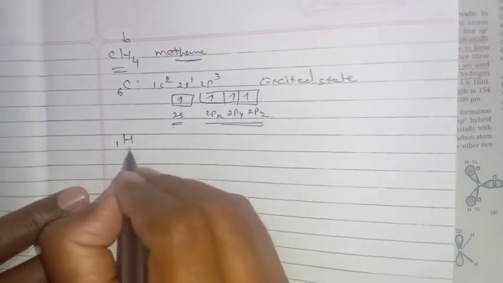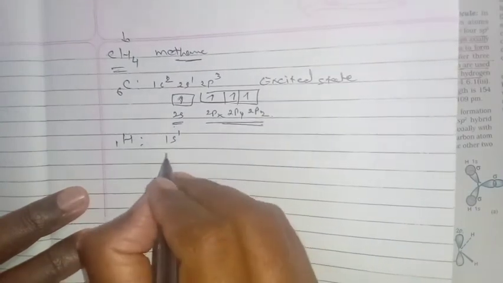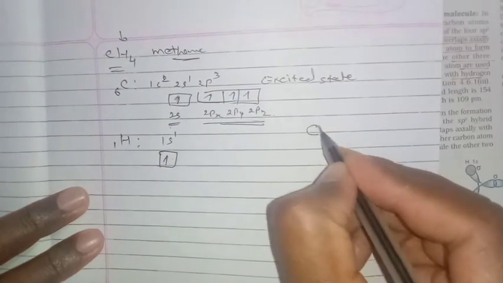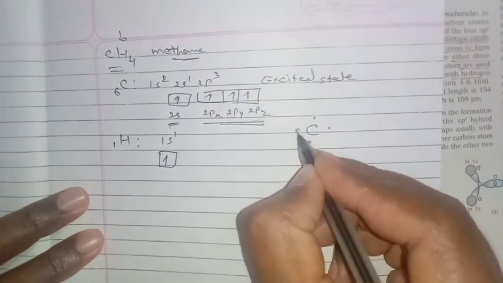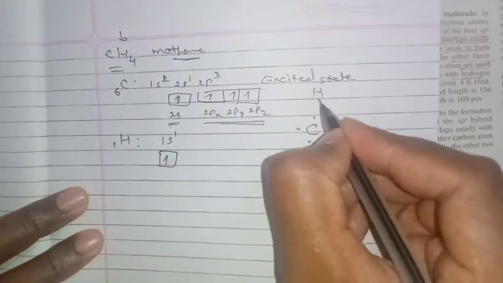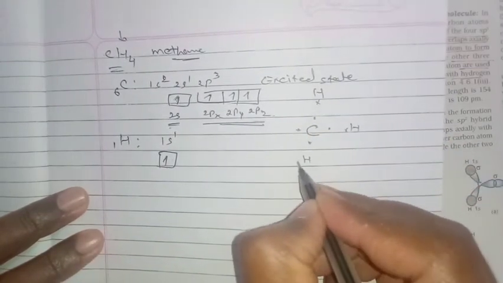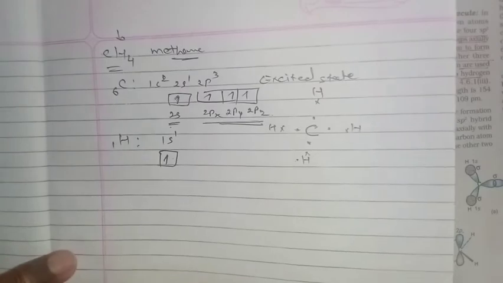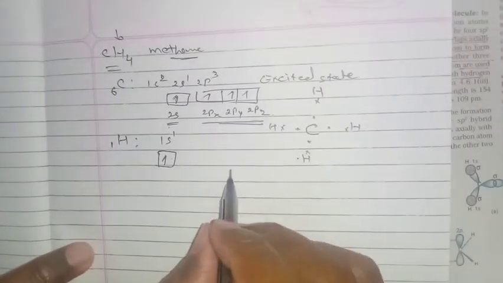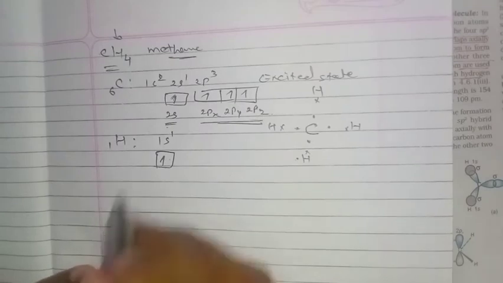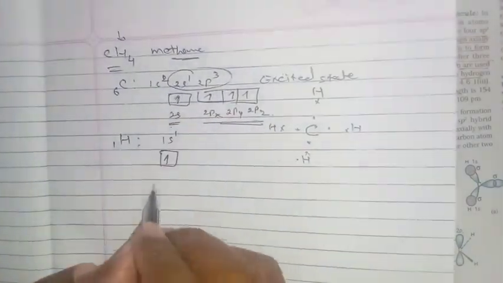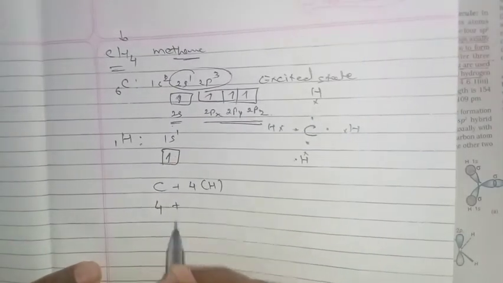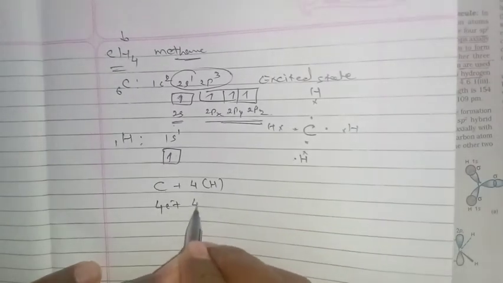Here the hydrogen's electronic configuration is 1s1, with 1 unpaired electron, so the carbon has 4 unpaired electrons, and the 4 hydrogen atoms have 1 electron each. Okay, in the outermost shell, carbon has 4 electrons in the valence shell, and the 4 hydrogens have 4.